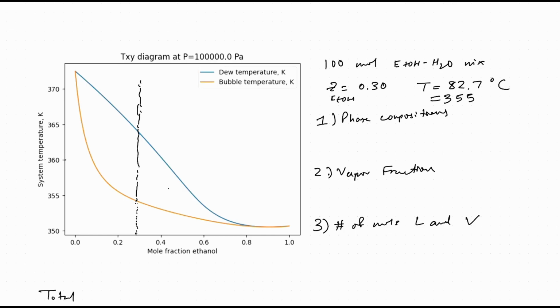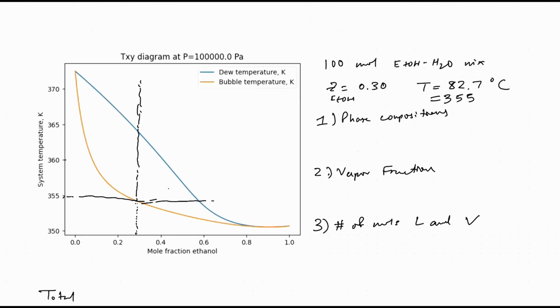If I go to 355, we can see that it's right on the bubble point curve. That means this mixture is a saturated liquid. It's right at the edge of the two-phase region, just about to start vaporizing.